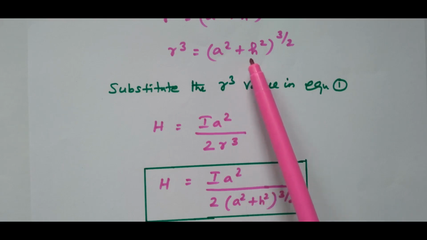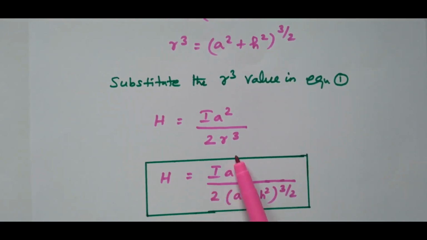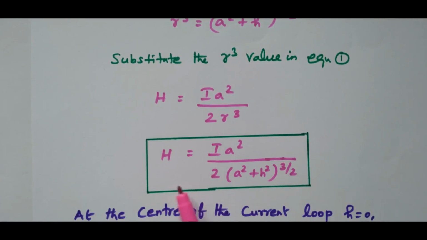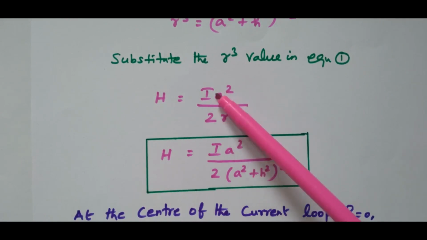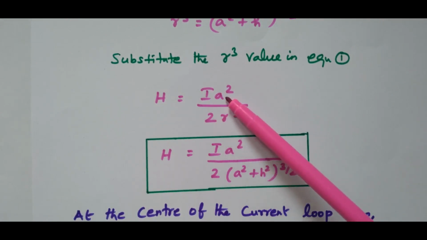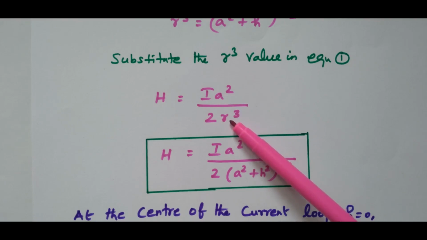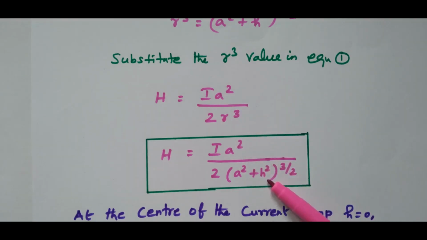A square plus H square whole power 3 by 2. So H equal to IA square divided by 2 into A square plus H square whole power 3 by 2. So this is another form in terms of height. In equation 1, we have A and R. A is the radius of the current loop, R is the distance. Here it is in terms of A and height. So this is another form.